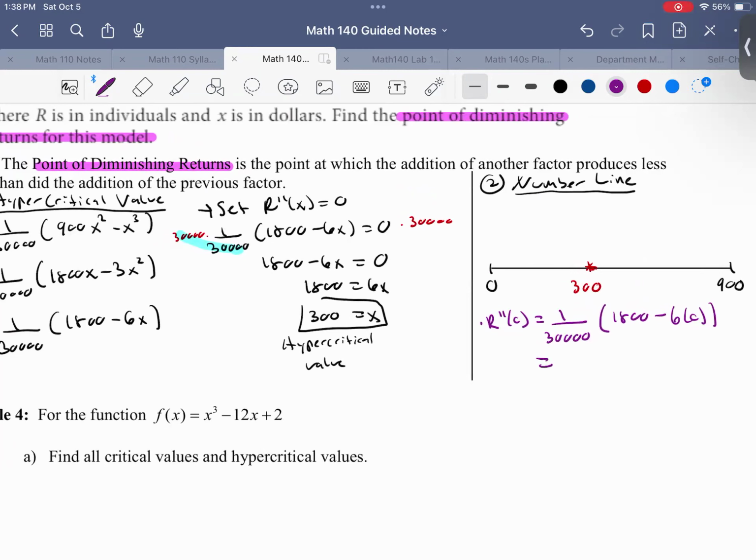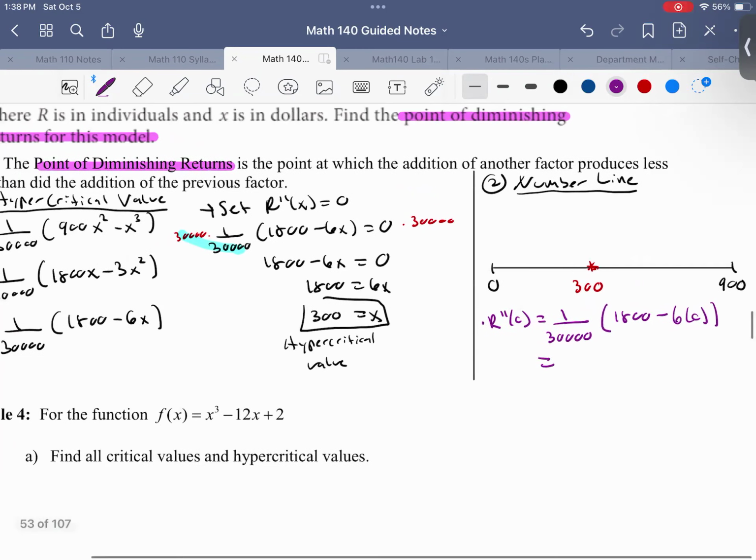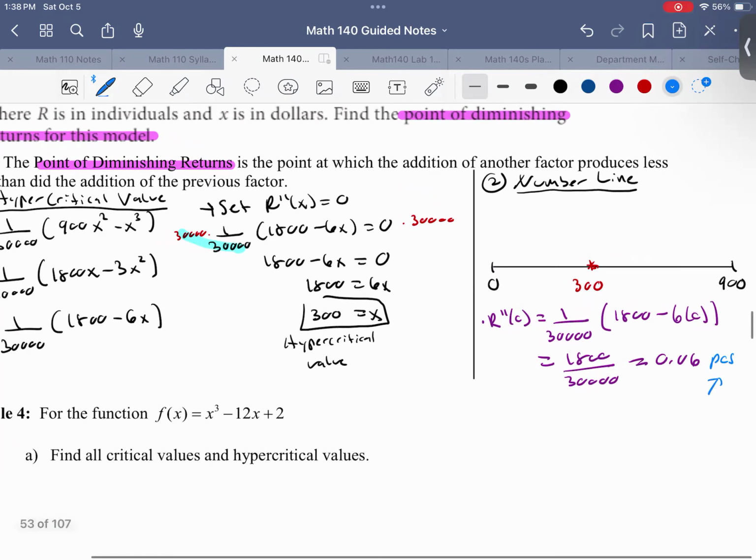And what does this equal? It's 1800 over 30,000, which is just 0.06, which is positive. So that means it's concave up. So right here will be concave up.